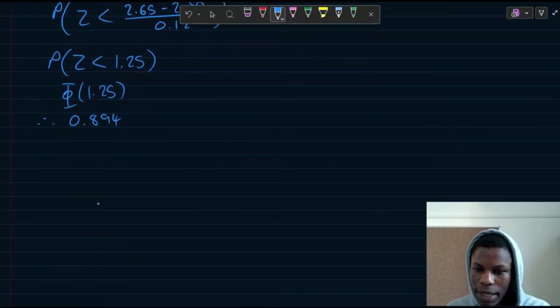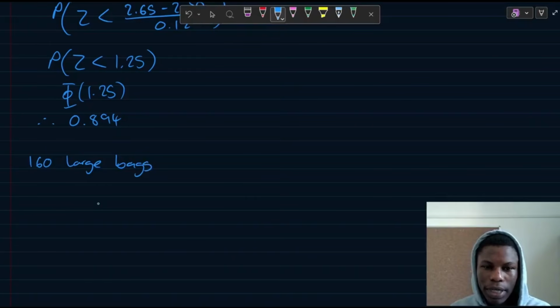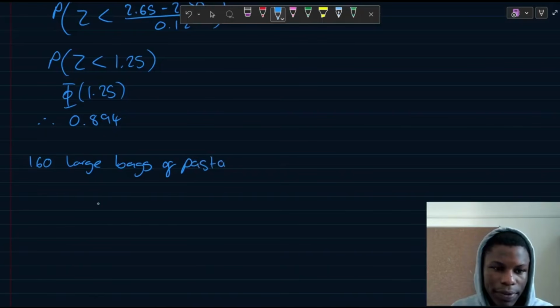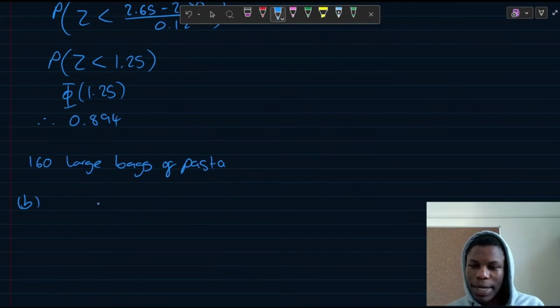Now we're given that a restaurant manager buys 160 large bags of pasta. So the large bags from part A, they buy 160 of these. Find the number of bags for which you would expect the mass of pasta to be more than 1.65 standard deviations above the mean. Okay, so questions like these, the way you want to approach them is to first start by looking at one bag.